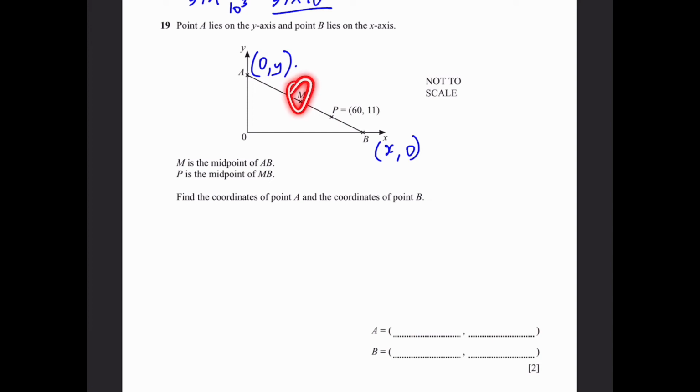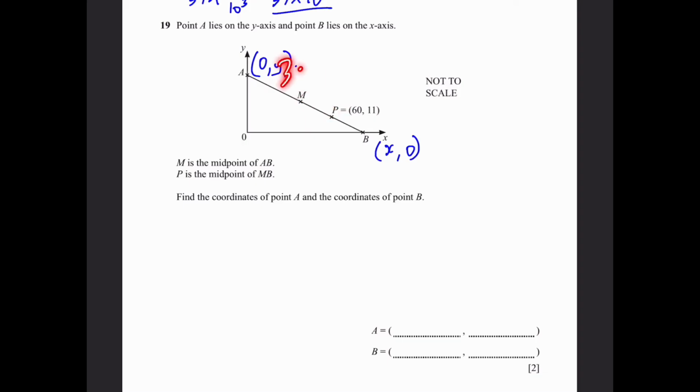Now, M is the midpoint and P is the midpoint of MB. So this will be half of MB, which is 1/4 of AB. And therefore, this whole thing, AP, will be AM, which is half of AB, plus MP, which is 1/4 of AB.